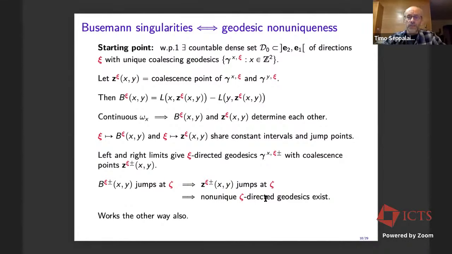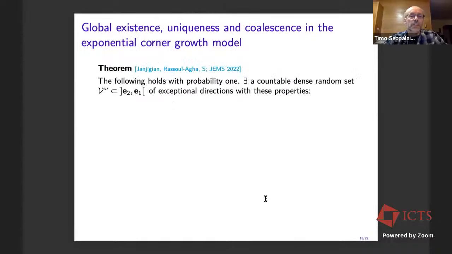And I will now summarize results for the exponential corner growth model that we can get out of this. So this is a theorem on the global existence, uniqueness, and coalescence in the exponential corner growth model. And it's in this paper with Krishnan that is due to appear in GEMS sometime soon. So the basic lesson is the following: this entire set of directions decomposes into two sets.